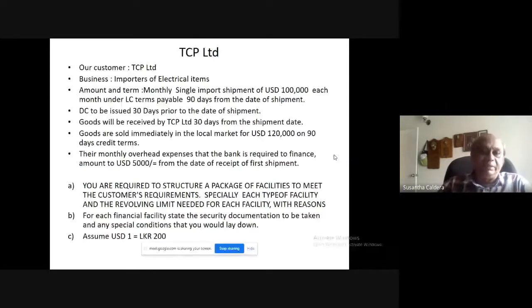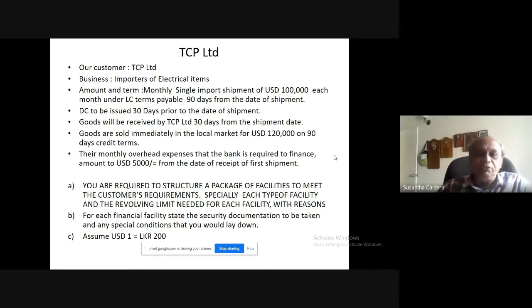Our customer TCP Limited, the business importers of electrical items. Amount and term: monthly single import shipment of US dollars 100,000 each month under LC terms. Payable 90 days from the date of shipment. LC to be issued 30 days prior to the date of shipment.